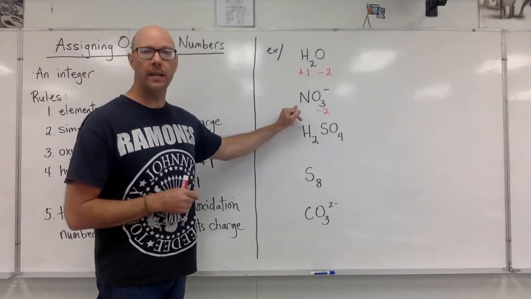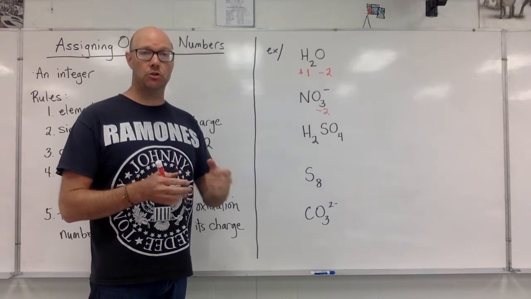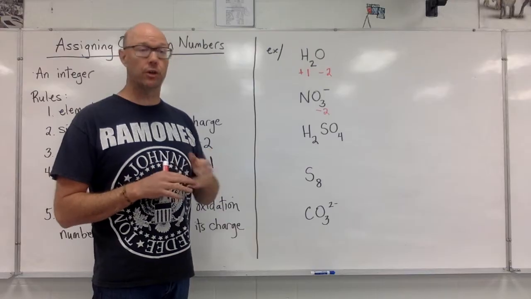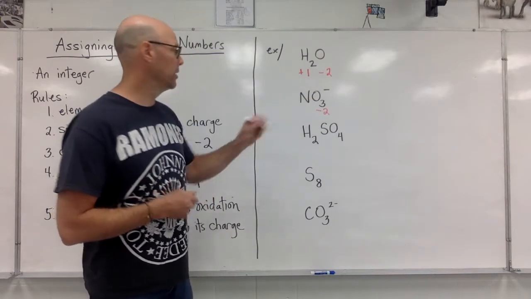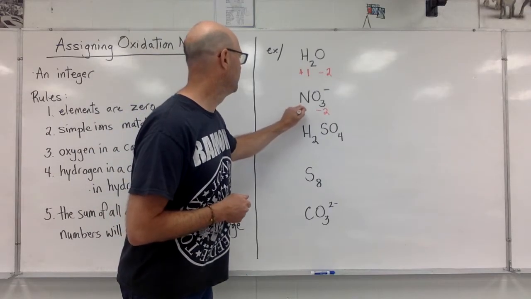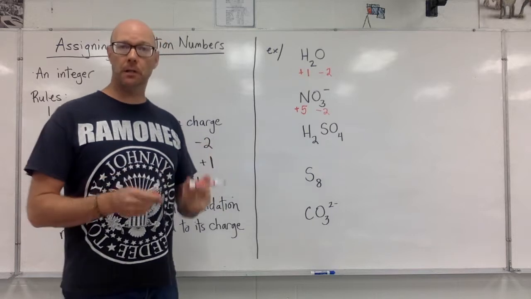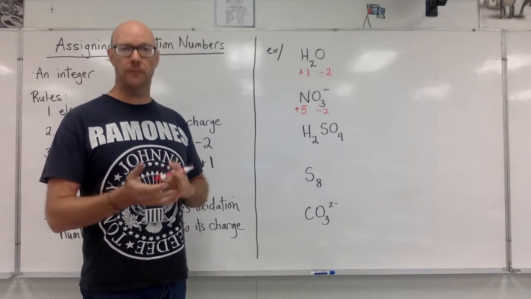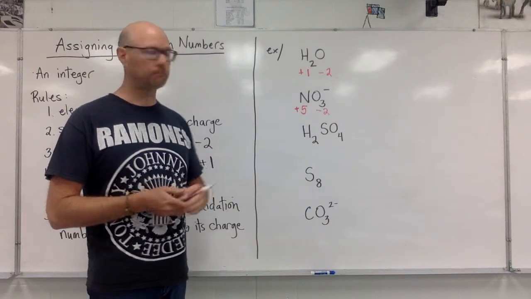We have 1 nitrogen, and the oxidation number of that nitrogen in combination with all those oxygens, they're going to add up to -1. So the nitrogen here is +5. Oxygen is -2, but there's 3 of them, -6, and a +5, all add up to -1.